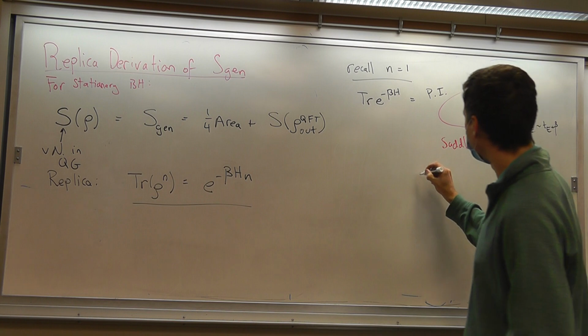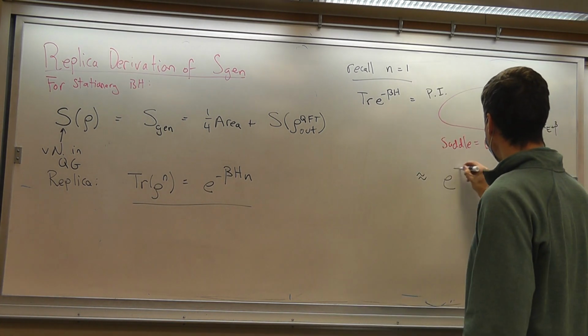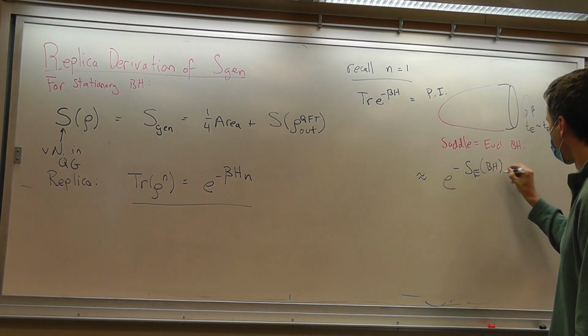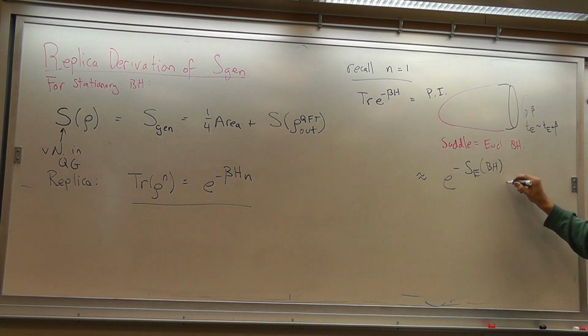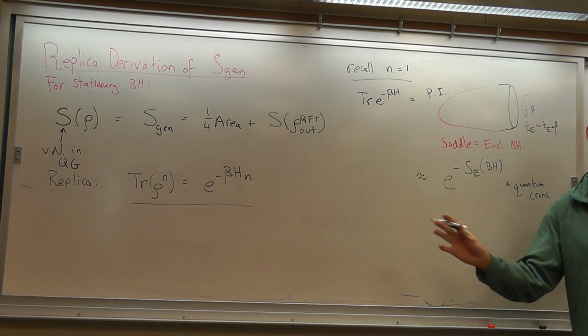So the path integral is approximately e to the minus S Euclidean of the black hole, and then there are some quantum corrections coming from, say, loops of the quantum fields on this background. For the rest of this discussion, I'm going to ignore the quantum effects, and I'll put them back in at the end.